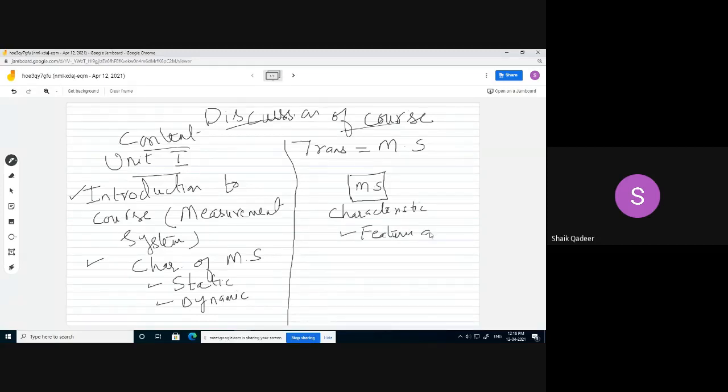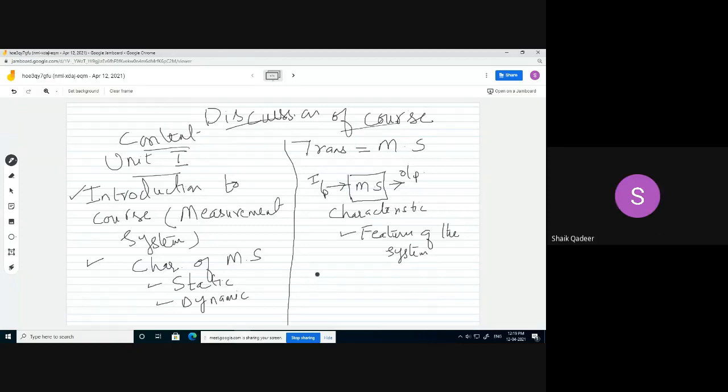The features of the system are called characteristics. Usually, we all know that characteristics can be calculated by giving some input and measuring the corresponding output. Agree? Yes, sir.